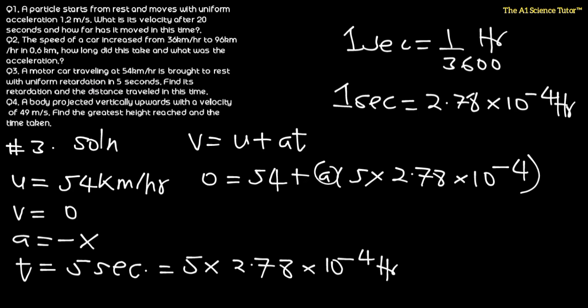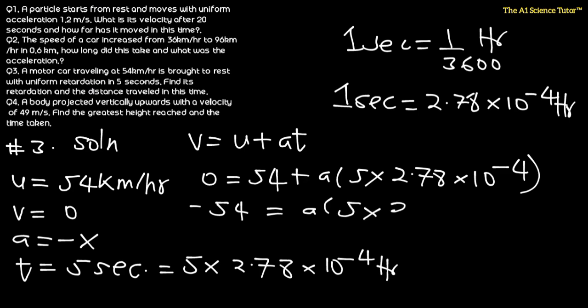So I need to find a, the value of a. So what I need to do is take 54 to the other side. So that makes it negative 54. So this is going to be a multiplied by the same stuff. Now, I really don't want to rewrite that. Let me just write it.